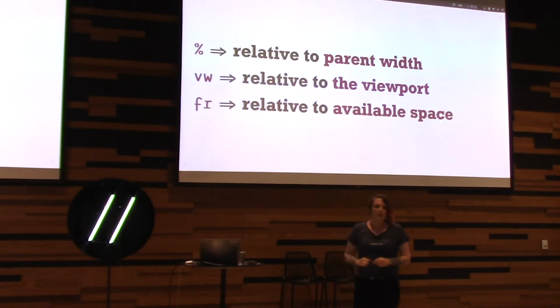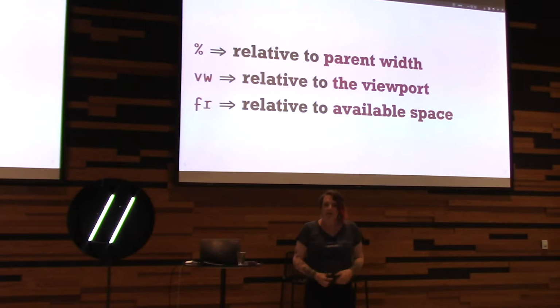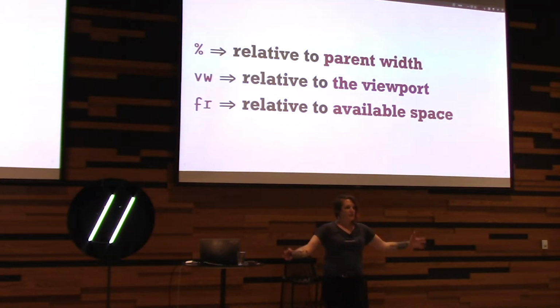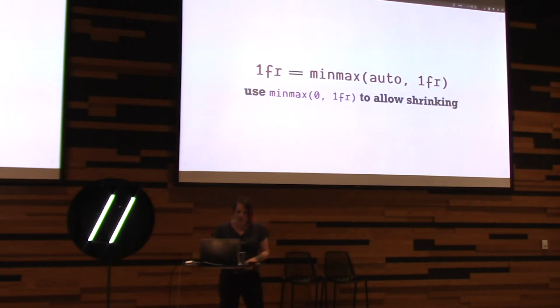And then fraction is relative to available space, which can be negative. We can have negative available space, and then fractions will become negative values. But it's once everything else is calculated, the space that is left over or that is needed, how do we share that leftover space? So that's the truly fluid. Wow, I haven't even gotten to the big demo.